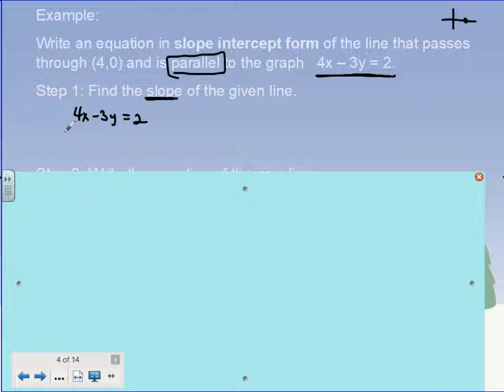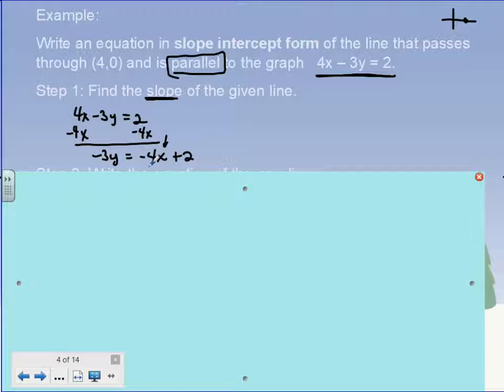Okay, so I'm going to bring this 4x over to the right side, so I'm going to have to subtract it, which will leave me with negative 3y equals negative 4x plus 2. I put the negative 4x part first because I knew that the thing with the x is eventually going to be our slope, or that m.